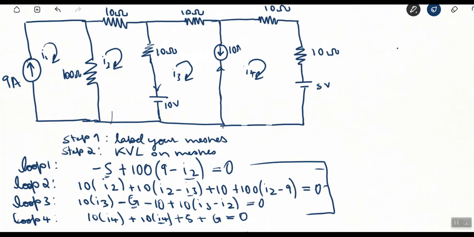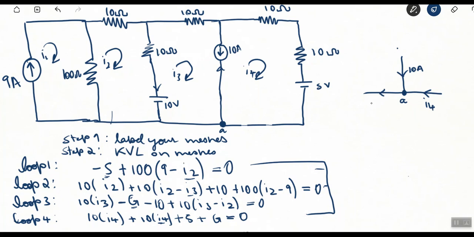We can get our last equation by applying KCL at this node. Let's call this node A. Now we're just going to draw this node here again. So as we can see, the current going down is 10 amps here. And from here we have I4 coming, as you can see I4 here.